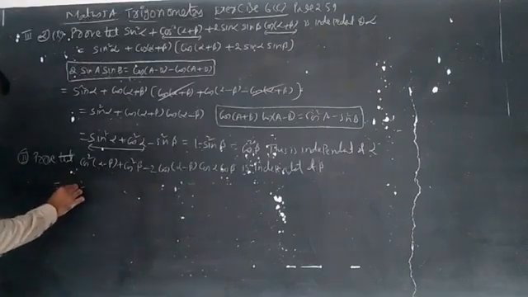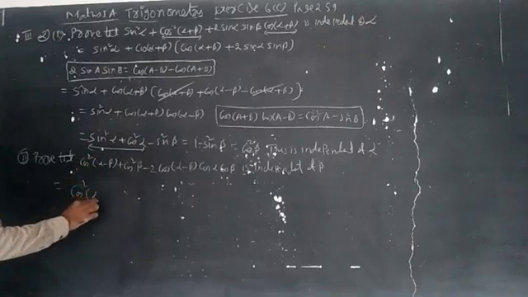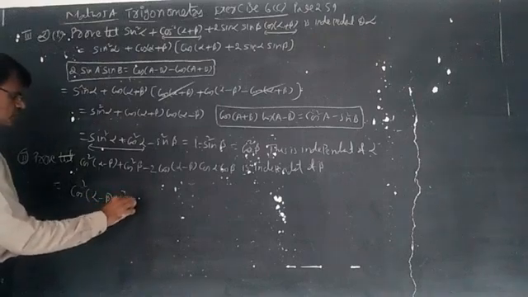That is equal to cos square of alpha minus beta plus cos square beta.